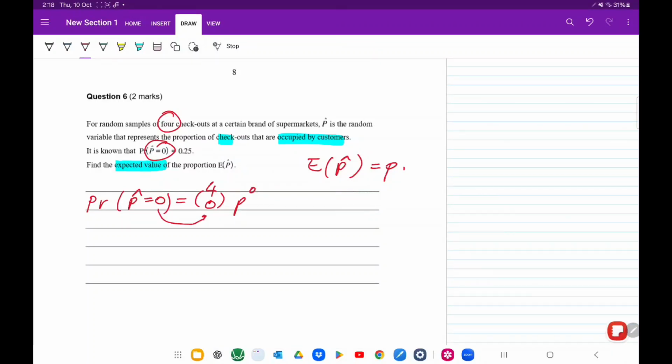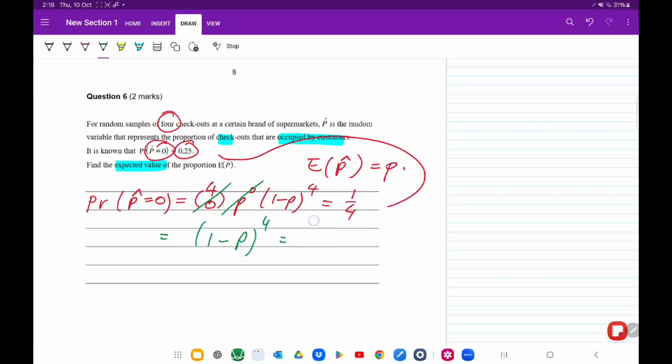Probability to the power of 0, and then 1 minus P, the complement, to the power of 4. Now we know that that equals 1/4. How do we know it's 1/4? Because it's 0.25. Now if we evaluate this, we can then solve for P, because 4C0 becomes 1, P to the power of 0 becomes 1. We end up having 1 minus P to the power of 4 is equal to 1/4.